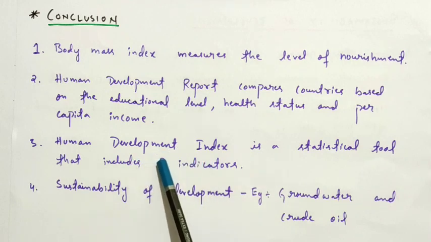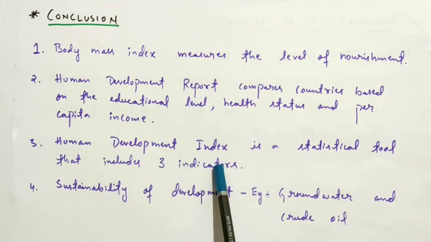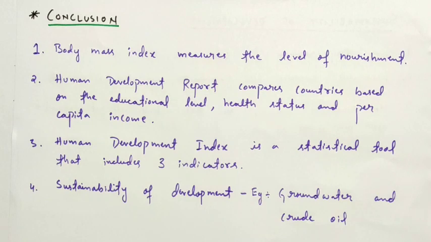And Human Development Index is a statistical tool that includes 3 indicators. They are life expectancy, gross enrollment ratio, and per capita income. And it is through the Human Development Index that countries are ranked under 4 tiers of human development. They are very high, medium, and low.